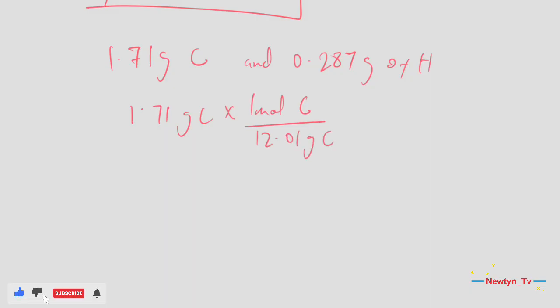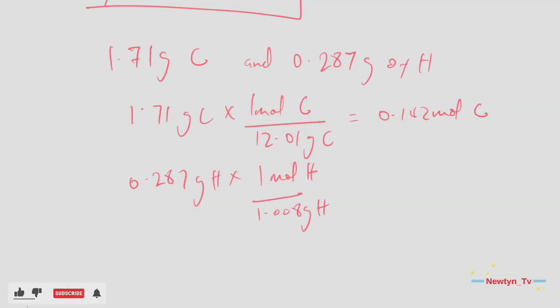When we do this, we should get 0.142 mole of carbon. Then for hydrogen, 0.287 grams of H multiplied by 1 mole of H divided by 1.008 grams, we should get 0.284 mole of H.